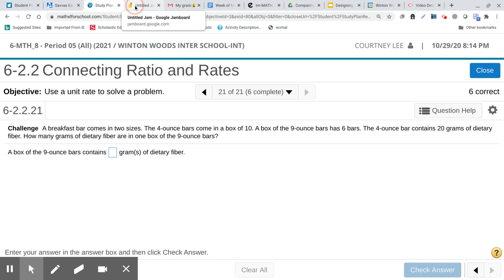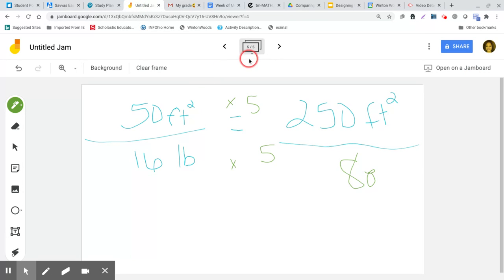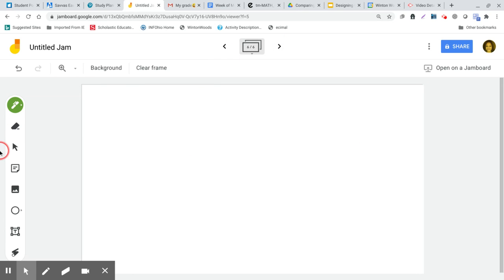So here's what I'm going to set up. From the problem, we know that there's 20 grams of fiber for every 4 ounces. So now I want to know the unit rate. I want to know how many grams of fiber would it be for a 1-ounce bar.